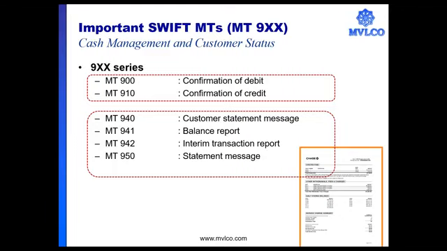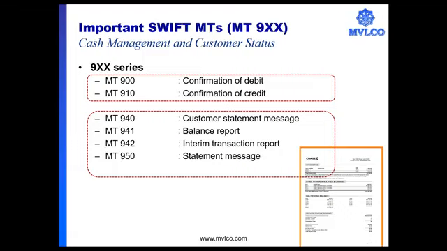If you want that statement, you could get it either in MT940 format, which is a customer statement message, or you could get an MT950, again a statement message. So statement messages 940 and 950 provide you with the details of the opening balance, the debit transactions in your account, the credit transactions in your account, and the closing balance for the day.